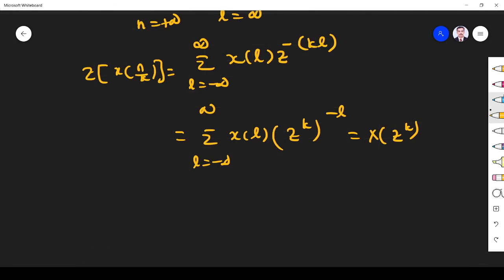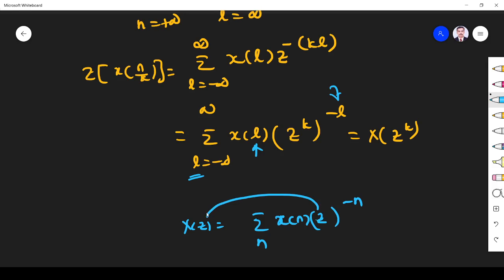We know the general format is X of z is equal to summation x of n z power minus n. Here instead of n you see l. So this z power minus n, I write as z power k, whole power minus l.